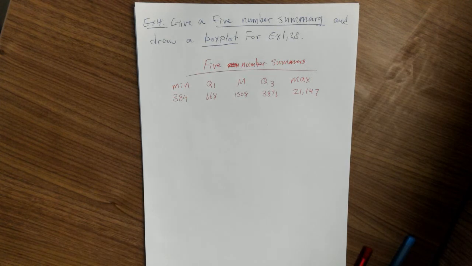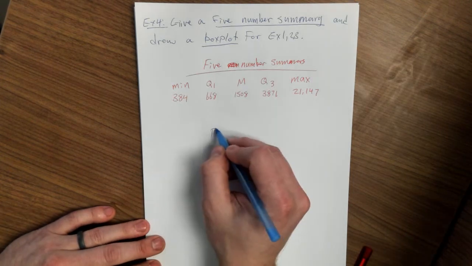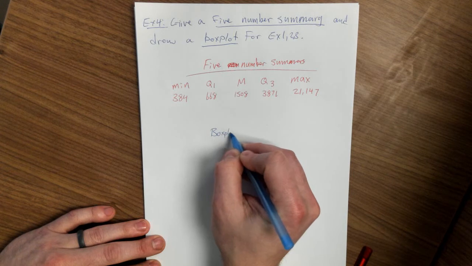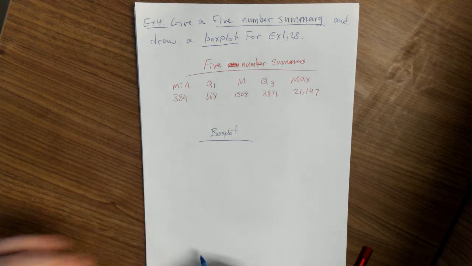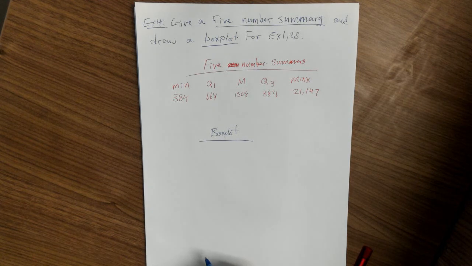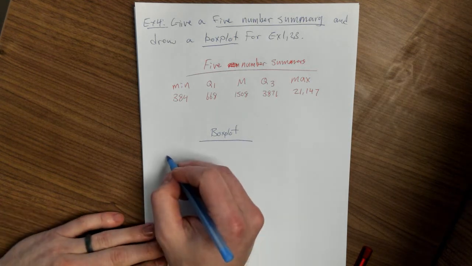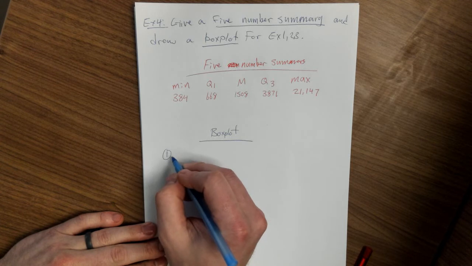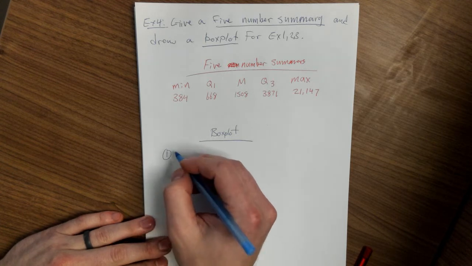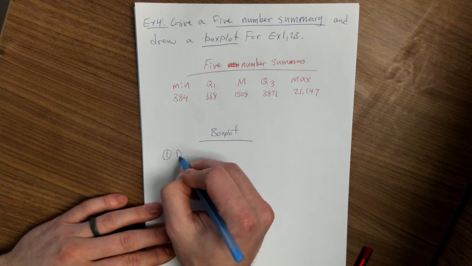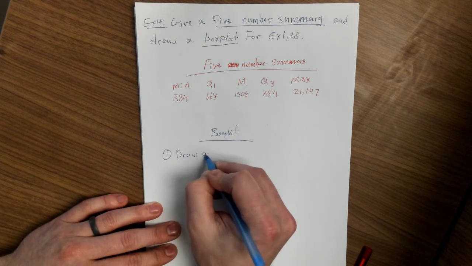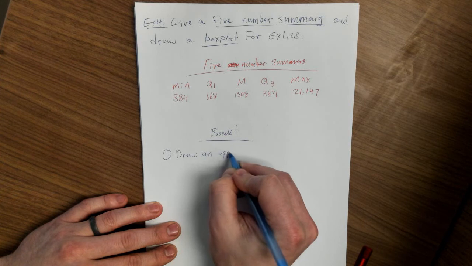The next part is drawing the box plot. Alright, and so let's write out some steps here to help explain what I'm doing when I do it. So you want to draw an appropriate number line.